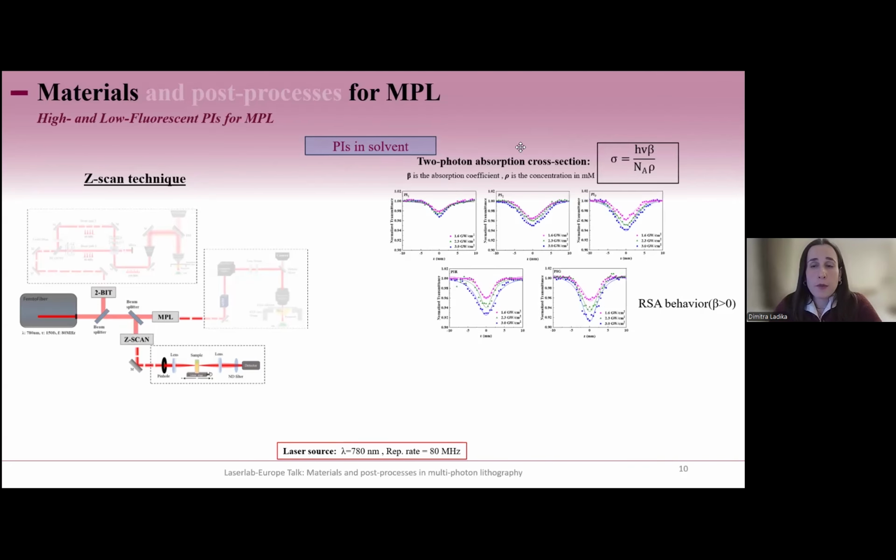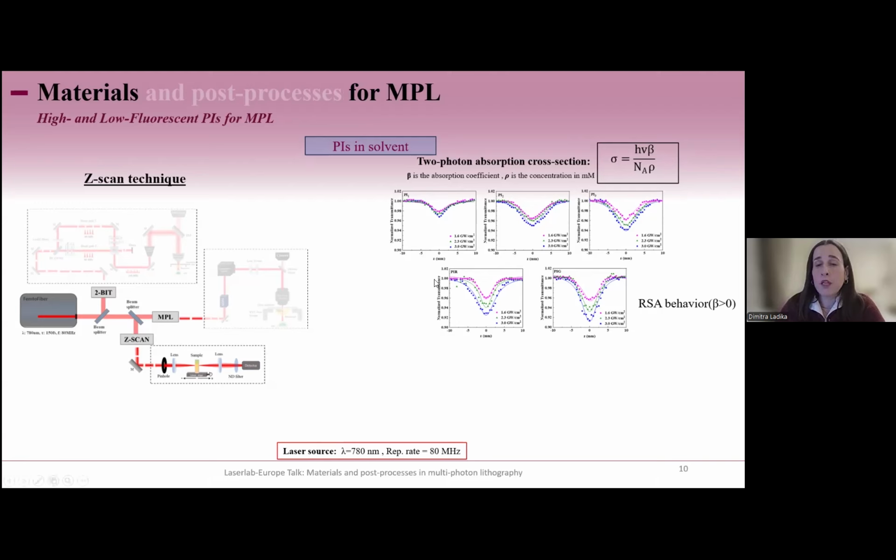Starting from the measurements, we can see here that we have a minimum transmission around the focal plane, while the transmission is increasing with the increasing of the intensity, which is an indication and the proof that we have a typical RSA behavior of the PIs. At the same time, because we observed in the absorption spectrum that we have zero absorption at 780 nanometers, it means that we have a multi-photon absorption process taking place.